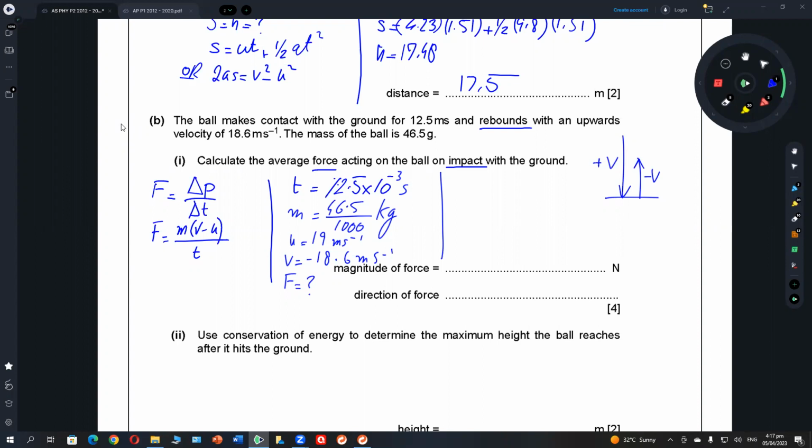Whatever you do in maths here, whether v minus u or u minus v, they will actually be added, because minus 18.6 minus 19. Okay, I got it now. Because of the minus minus, we take it as plus. Yes. We will get a minus in the answer, no problem.